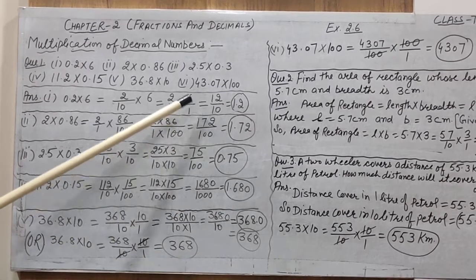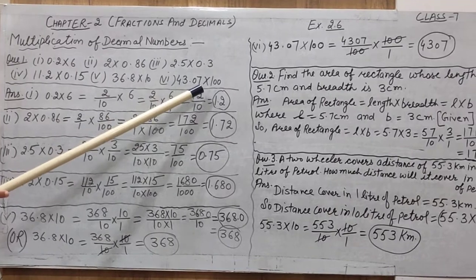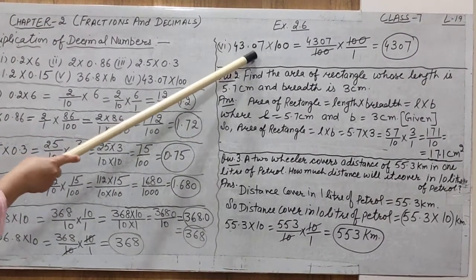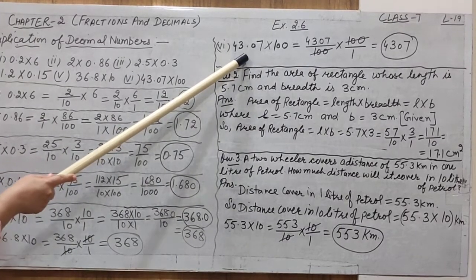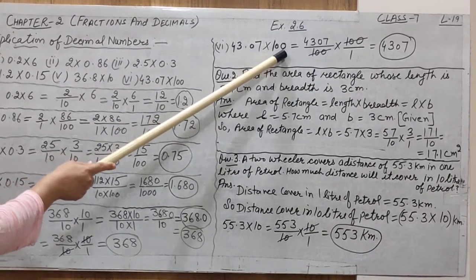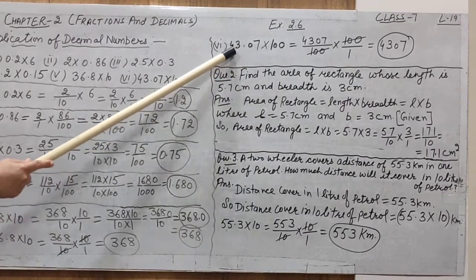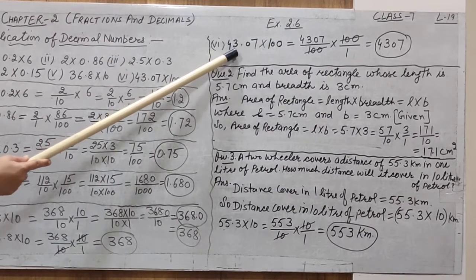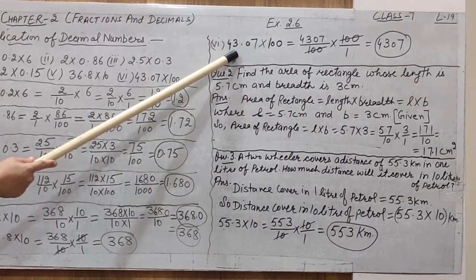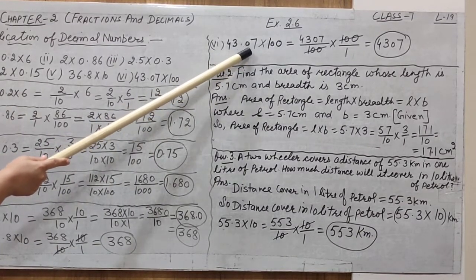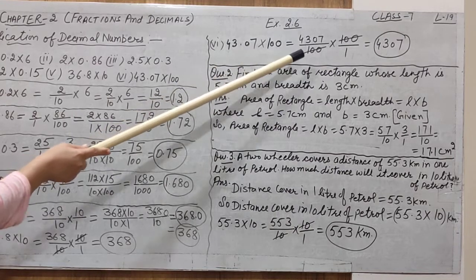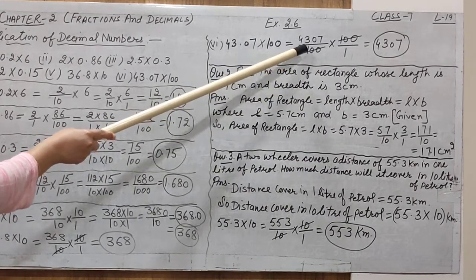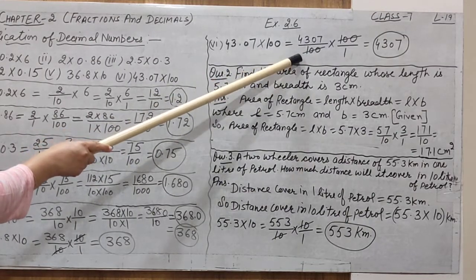Now come towards next question. 43.07 multiplied with 100. This is a similar case as in this question. When 43.07 is multiplied with the 100, first step we have to change the given decimal number into fractional number. And when we change this number into fractional number, there are two digits after decimal. So we have to write 100 in the denominator. So result is 4307 divided by 100.